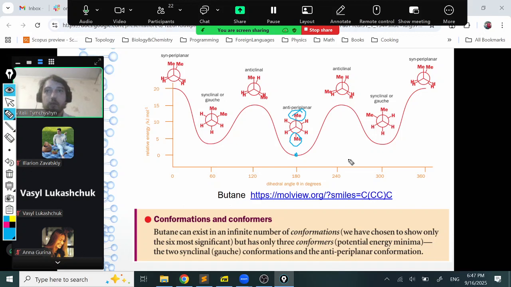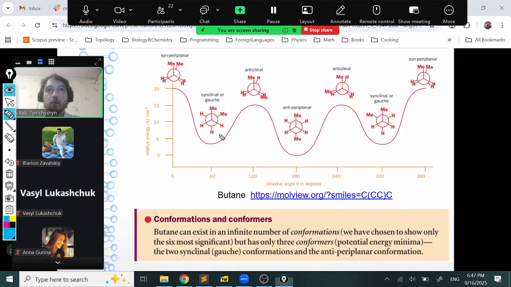Of course, we have 2 more conformations, this one and this one, called synclinal or gauche, where we have some sort of local minima of energy, and once again they are possible. Here you see so-called barriers.